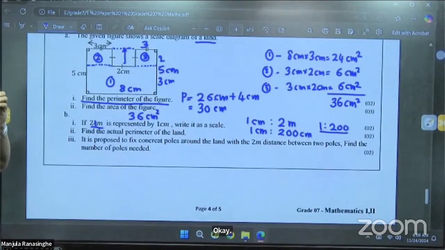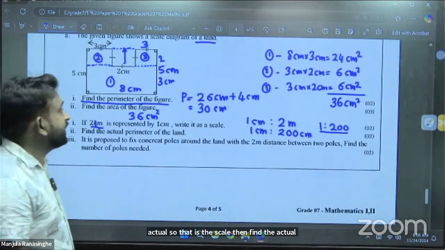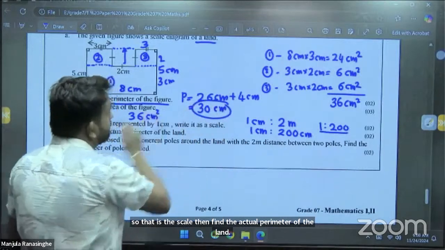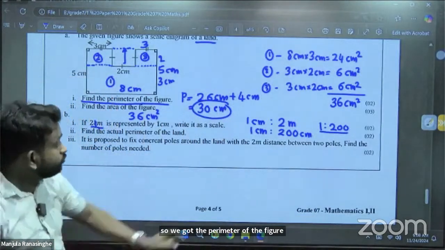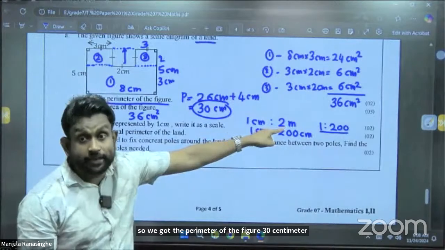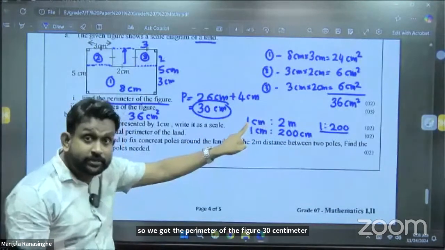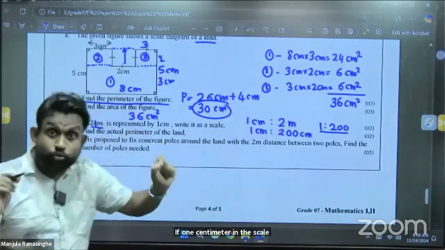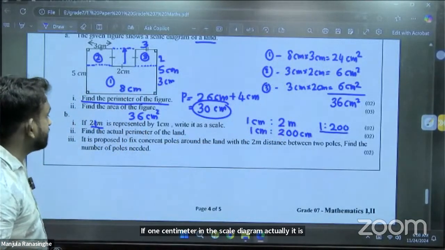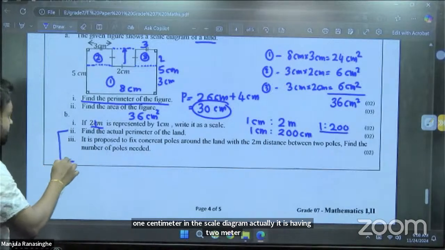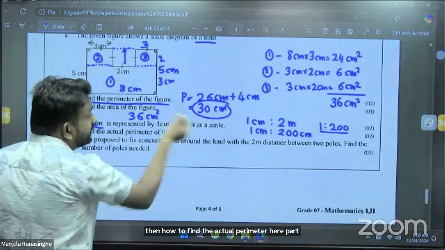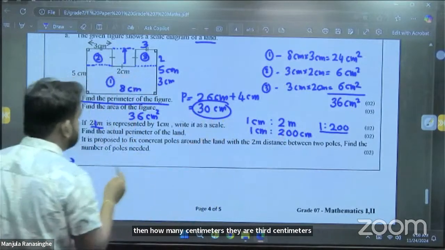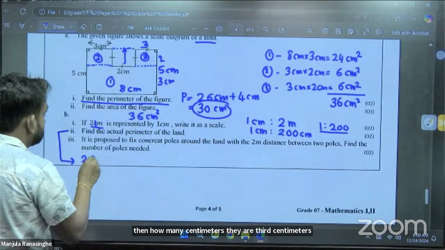Then find the actual perimeter of the land. Think here: we got the perimeter of the figure as 30 centimeters. 1 centimeter in the scale diagram actually is 2 meters. Then to find the actual perimeter, there are 30 centimeters, and 1 centimeter means 2 meters, so 2 into 30.